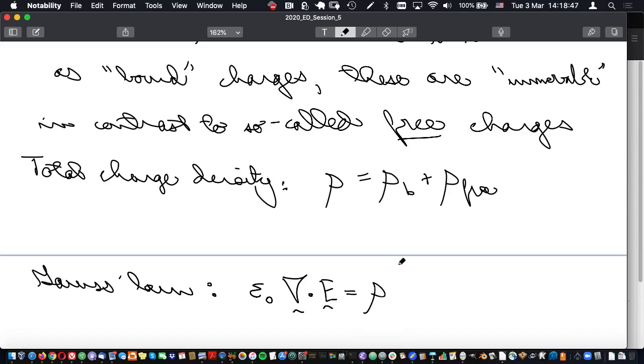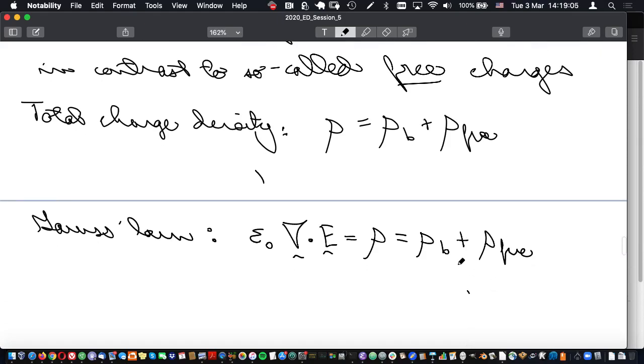But the local charge is this rho bound plus this rho free charge. But this rho bound, we've just said that it was equal to minus the divergence of the polarization.